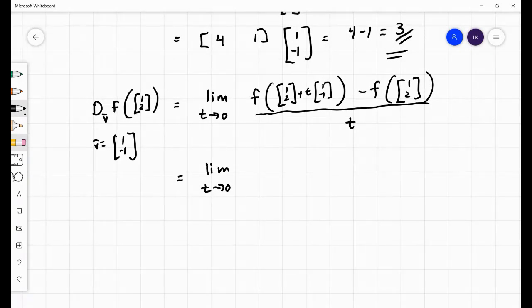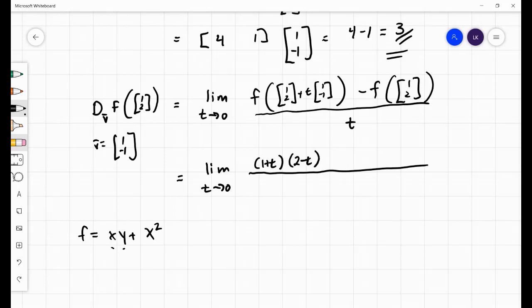Let's see, what was the function? It was xy plus x squared. So we get x times y, where x is 1 plus t, times y, which is 2 minus t, and then plus x squared, so that's 1 plus t squared, minus the value of the function at 1, 2.